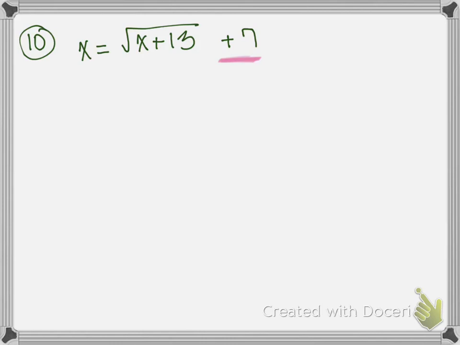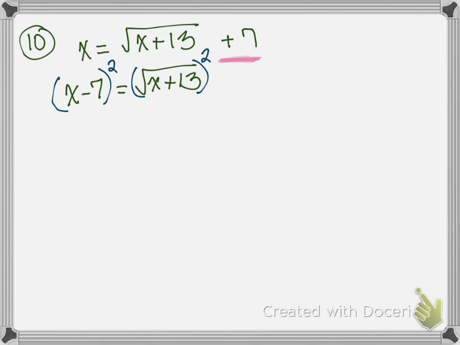You've got to move it away before we square. So I'm subtracting 7 from both sides, and I get x minus 7 equals the square root of x plus 13. Now that this part is isolated by itself, I can square both sides.